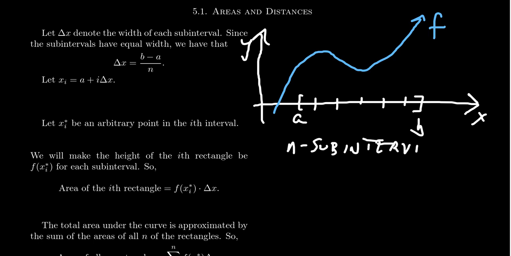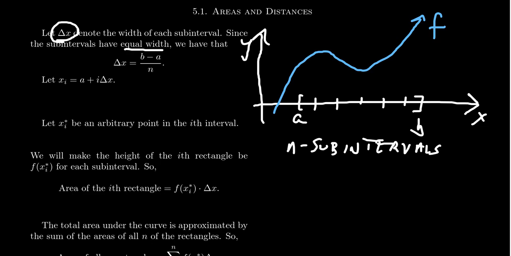For the sake of simplicity, we want each of these subintervals to have equal width, and that's what this number delta x is going to be.